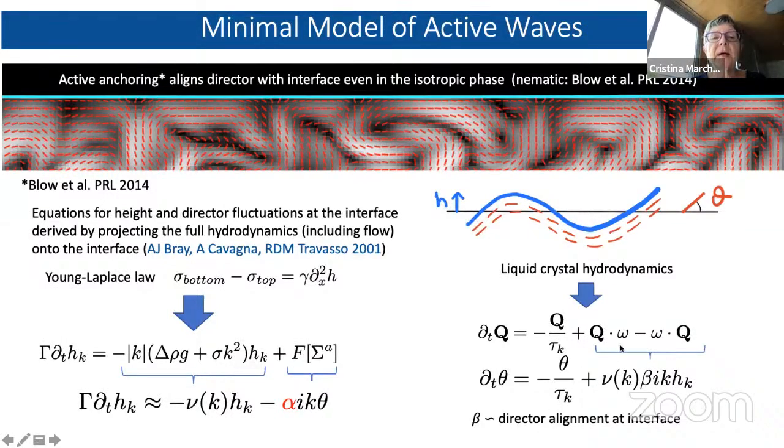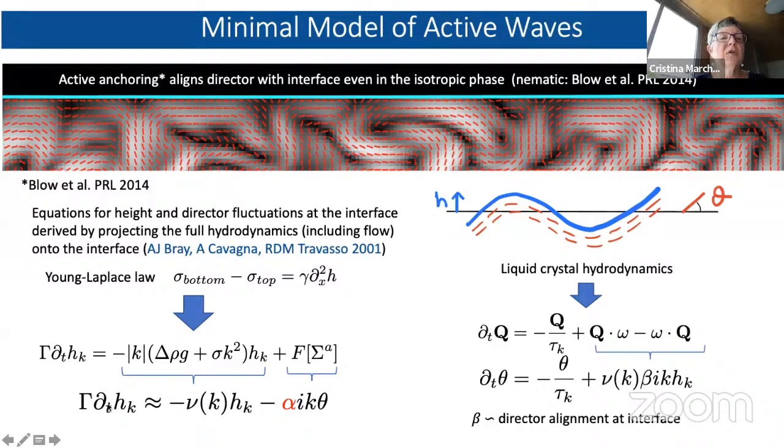And this term couples flow to orientation, precisely vorticity to orientation, which can be calculated right at the interface, and it gives you a term proportional to gradients of the height.